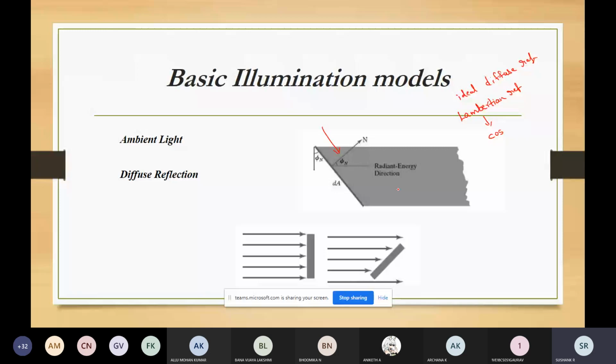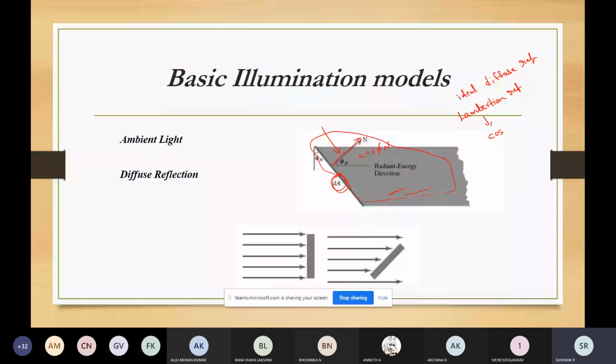The amount of radiant energy coming from this surface, which we call dA, in the direction given by phi n, the angle relative to the surface normal, is proportional to cos phi n.